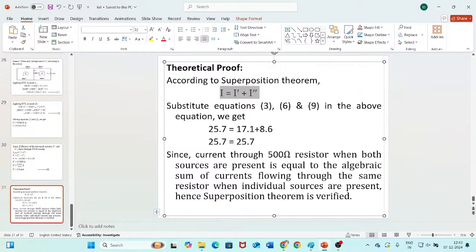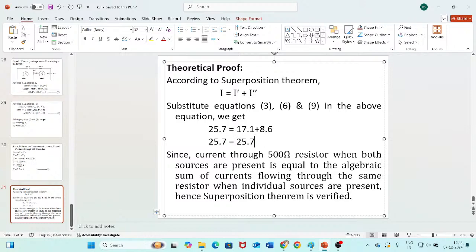What did we get as I value from equation 3? 25.7. What is the I dash value? 17.1. What is the I double dash value? 8.6. So when you add 17.1 and 8.6, it should be equal to I. If I add, I get 25.7, and this also I have got 25.7.